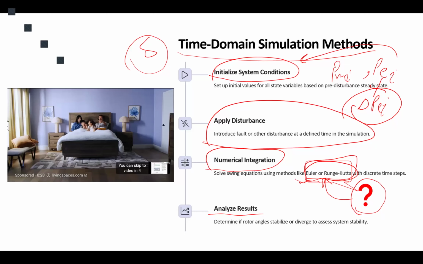So I encourage you to start thinking about having an M file for the algorithm of time domain solution methods, implementing either Euler, which is the basic one, or Runge-Kutta, which is the advanced one, in order to develop your iterative algorithm to solve for delta.